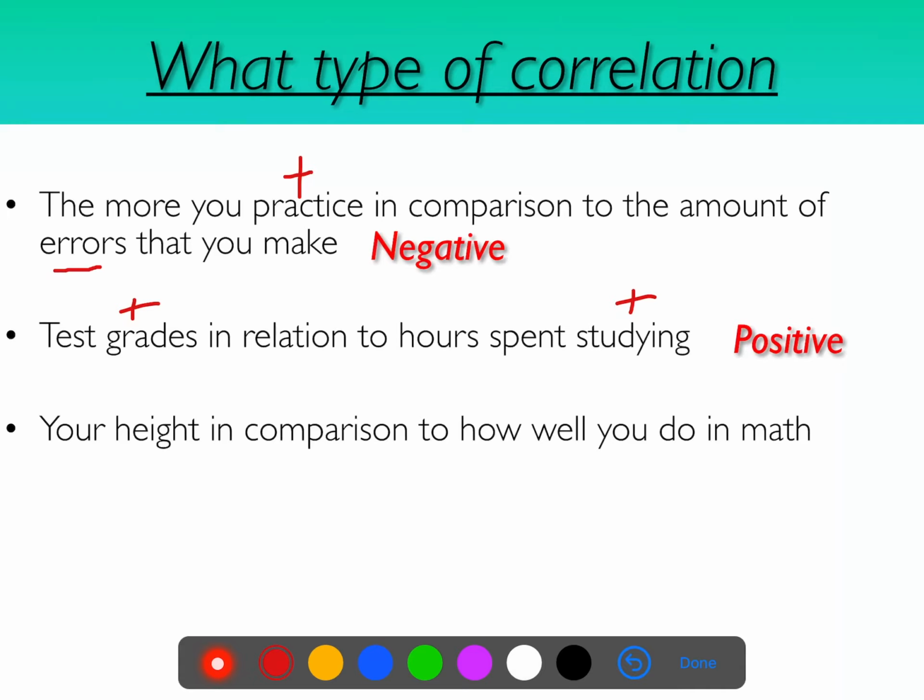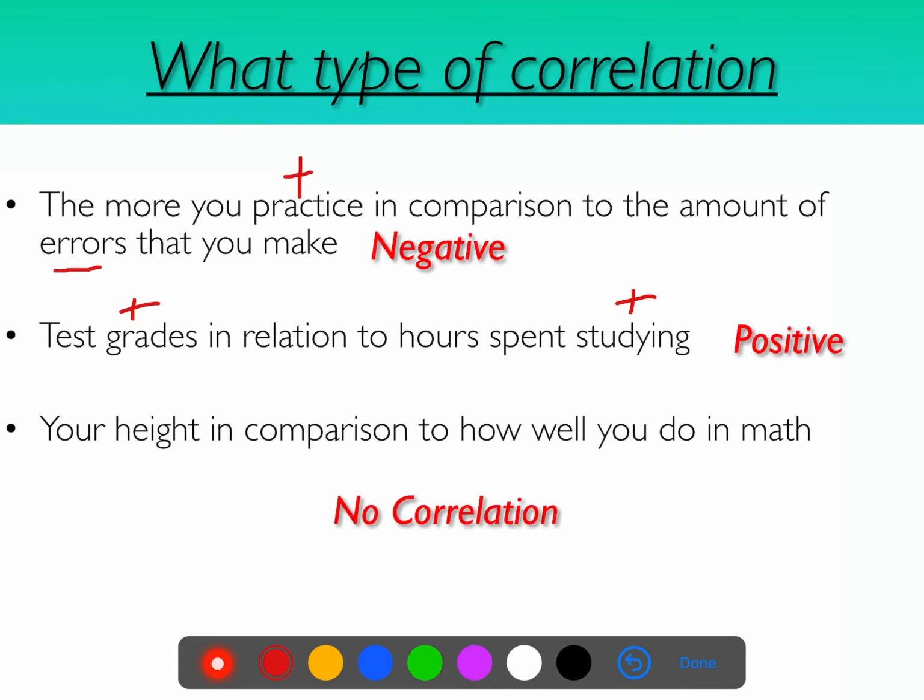Third, your height in comparison to how well you do in math. Some of us are very tall, some of us maybe are medium, some of us are shorter, but we're all going to do so well in math that there clearly is no correlation here between those two variables.